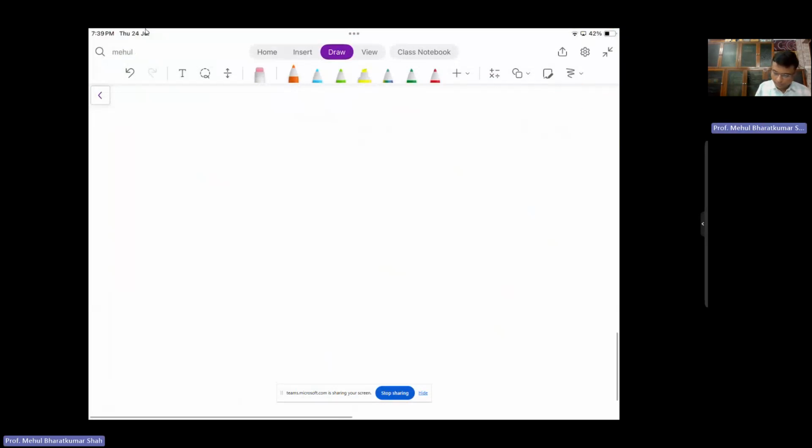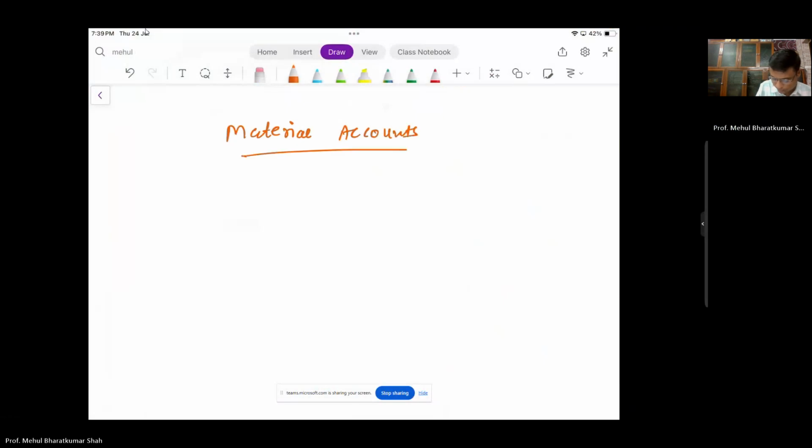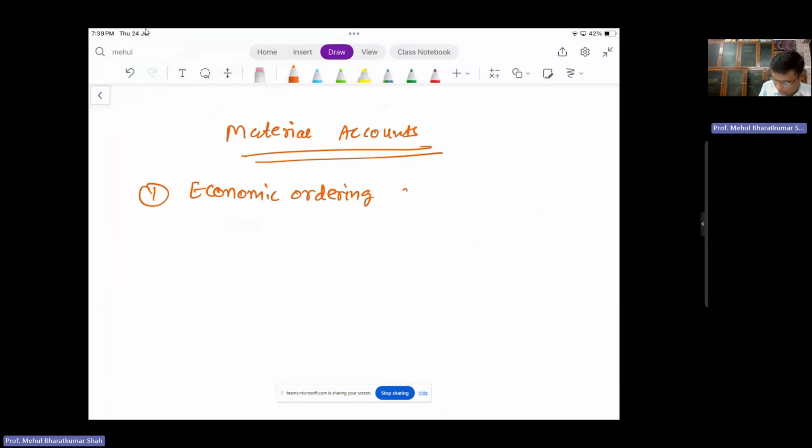So we are about to learn the material accounts. There are certain formulas in this chapter. Let us start with formula number one, that is economic ordering quantity.